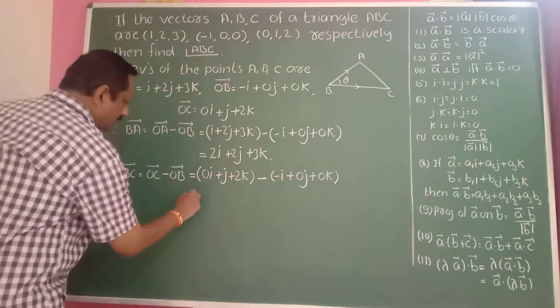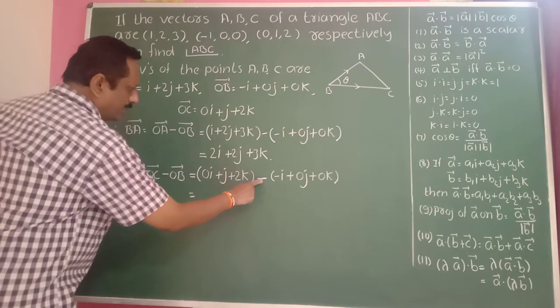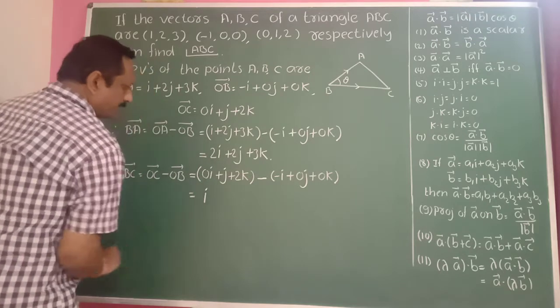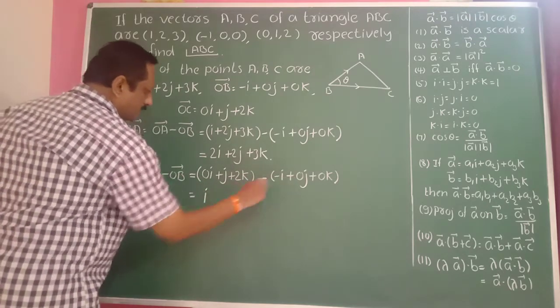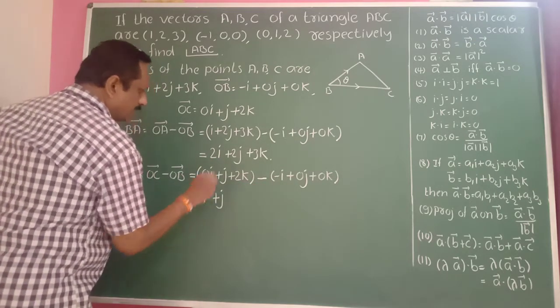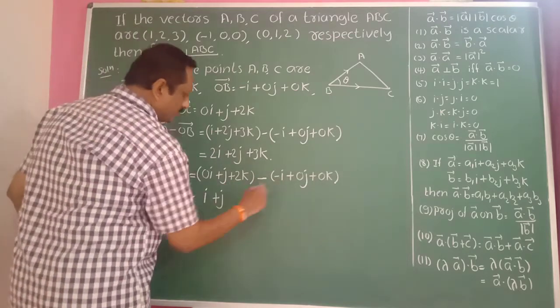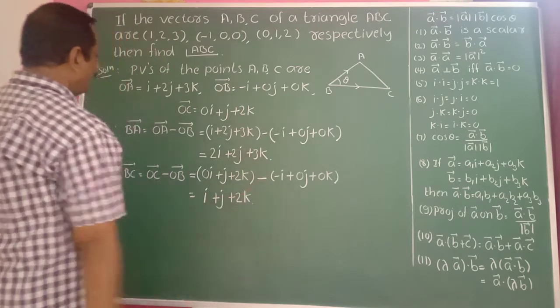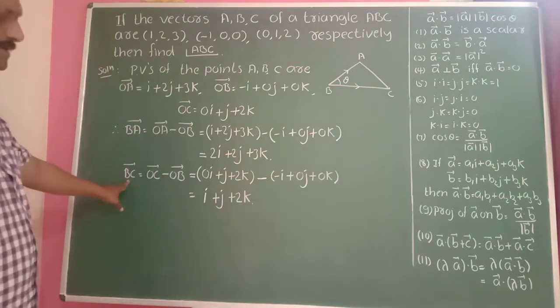Then subtract each one: 0i minus minus i becomes plus i, so 0i plus i becomes 1i. j minus 0j gives plus j. 2k minus 0k gives plus 2k. This is the vector BC.